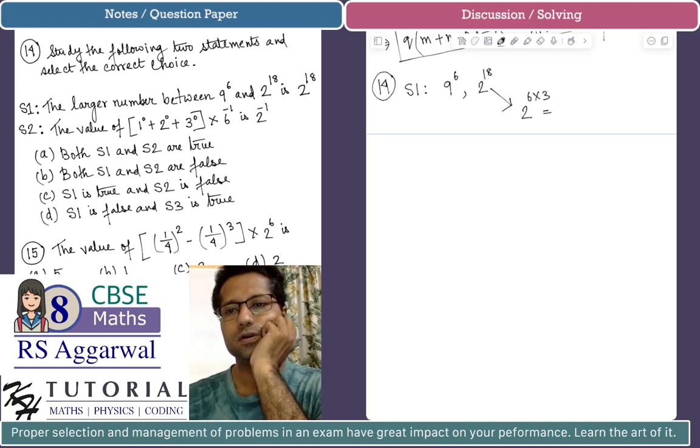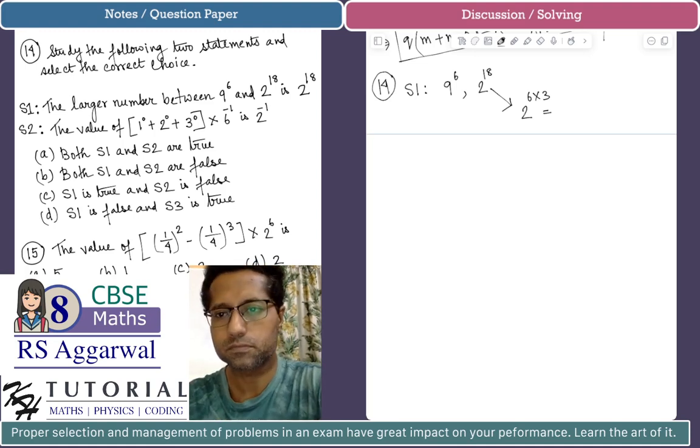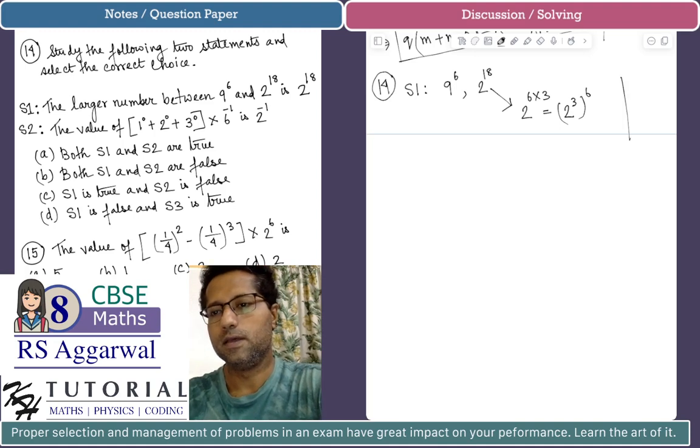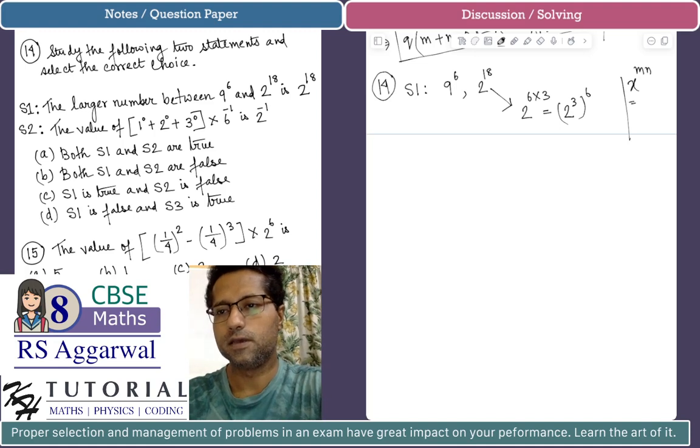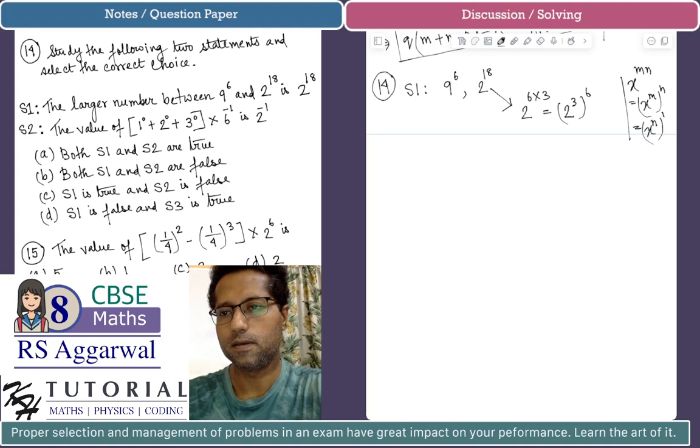If I want to convert this whole term to have the power 6, I can write 2 to the power 3 whole raised to the power 6, because if I have x to the power m into n, I can always write it as x to the power m whole raised to the power n, or as x to the power n whole raised to the power m.